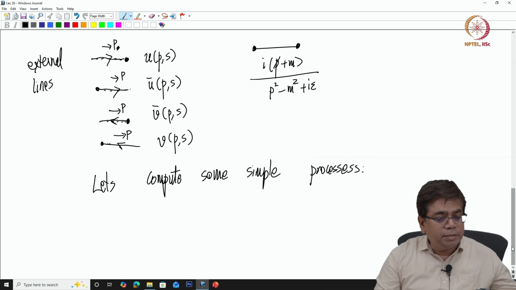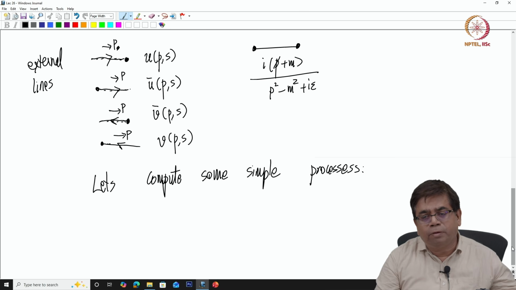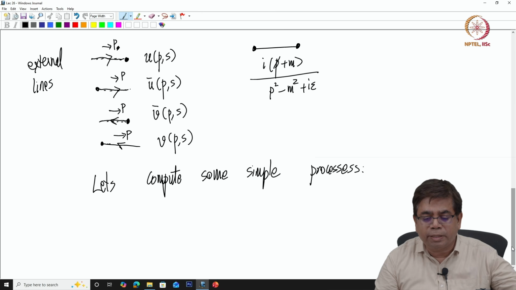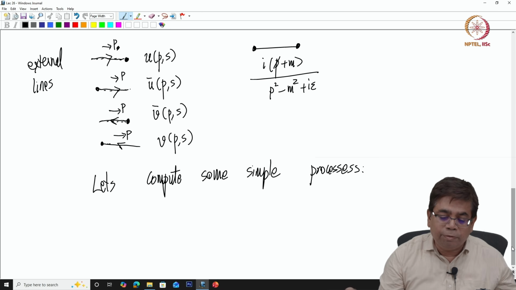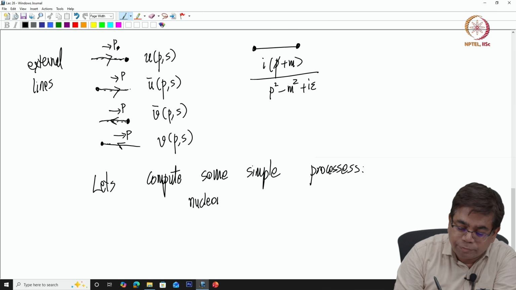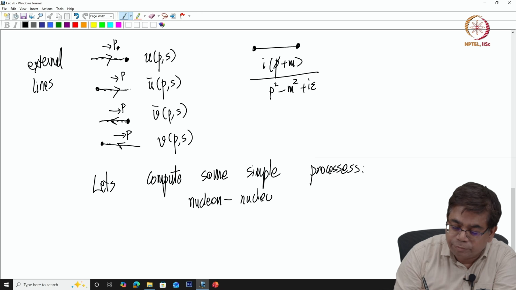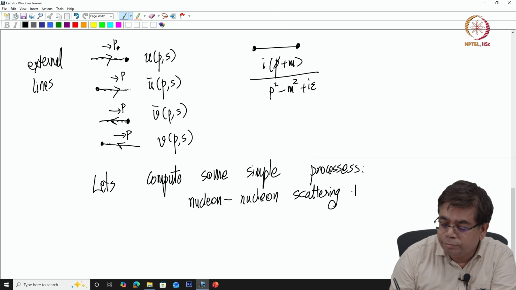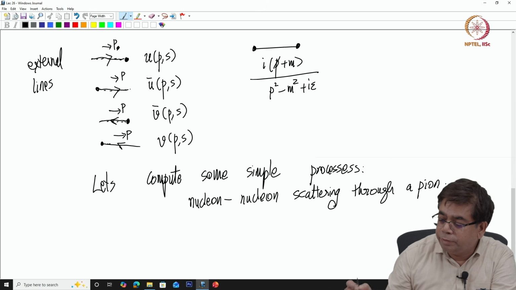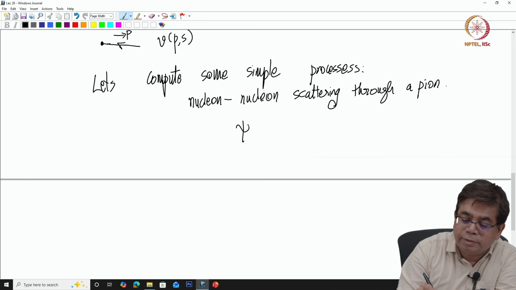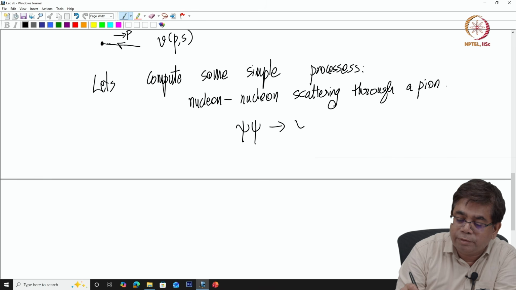Essentially it means that you can have nucleon scattering through a pion essentially. You can think example would be nucleon scattering through a pion. So this is the relevant physics example. So you have psi going into psi.